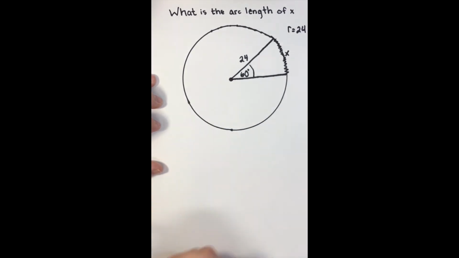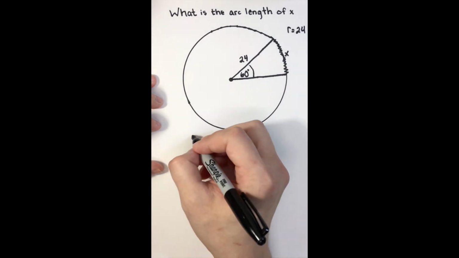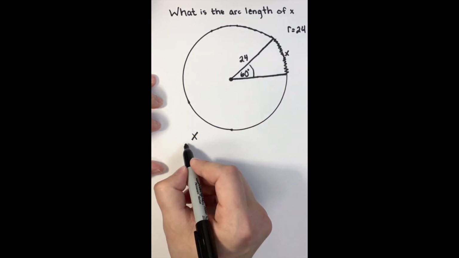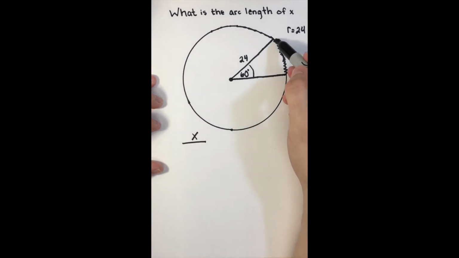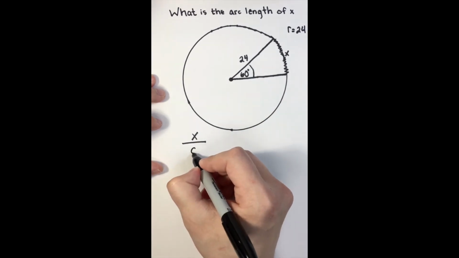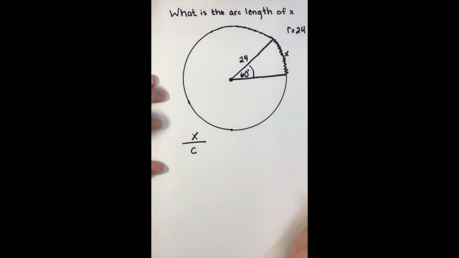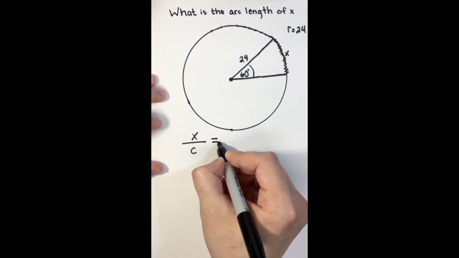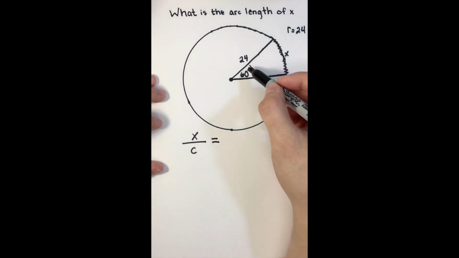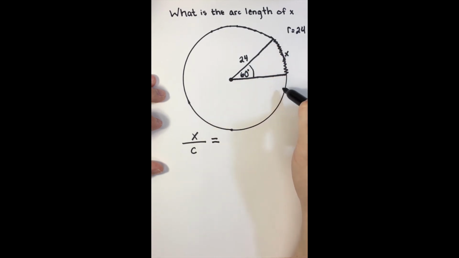So what I could do is I could say x, which is my arc length, is just a portion of the circumference. Okay? So I'm just going to put C down here for circumference. And that should equal, because it's proportional to this degree measure, as this degree measure changes, you're changing the arc length.